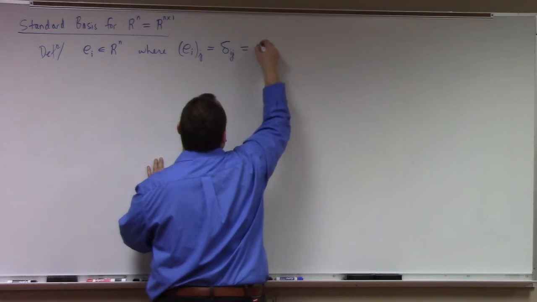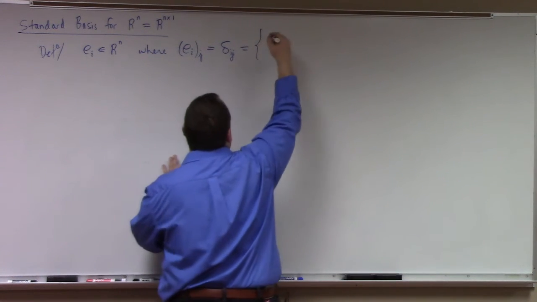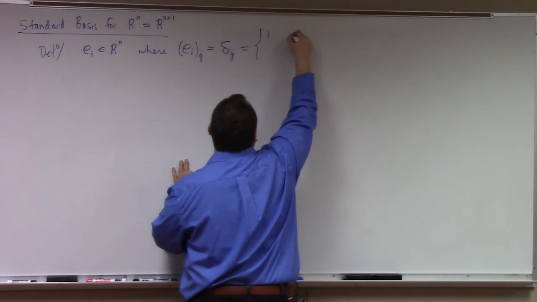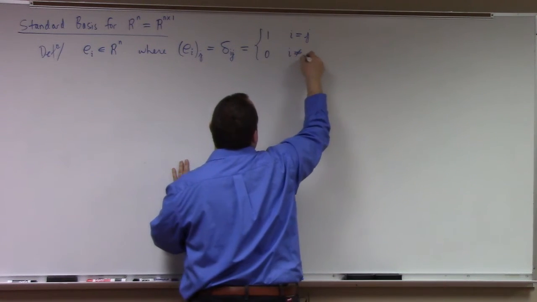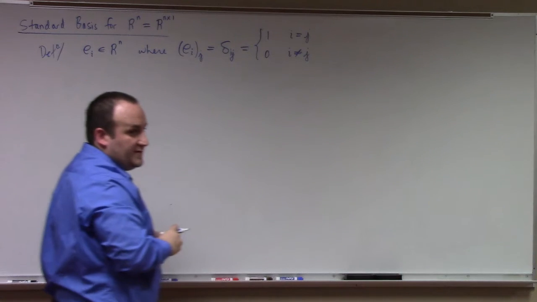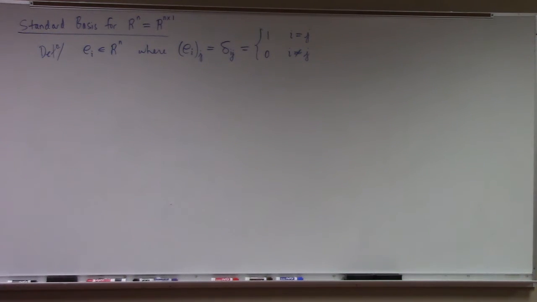Delta ij is a combinatorial symbol, and it has the following meaning. It's 1 if i is equal to j, and it's 0 otherwise. That's all it is, if you haven't seen it before. So what this definition says is that the standard basis is such that it's got a 1 in the ith spot, and it's got zeros everywhere else.